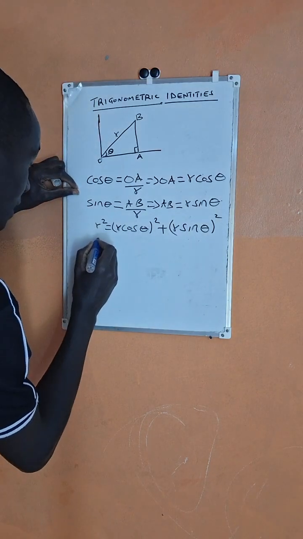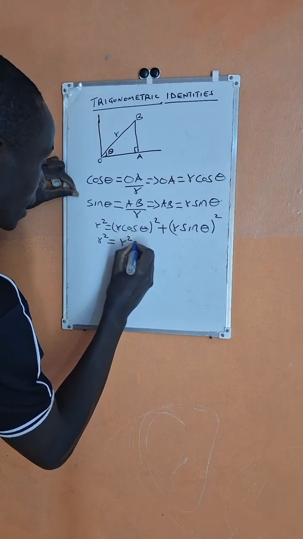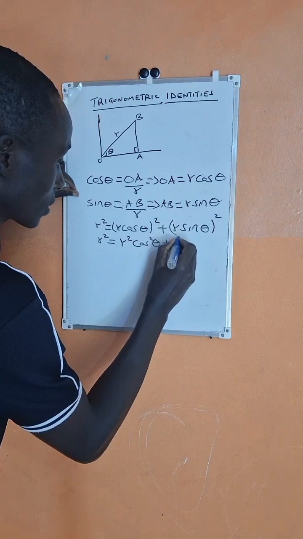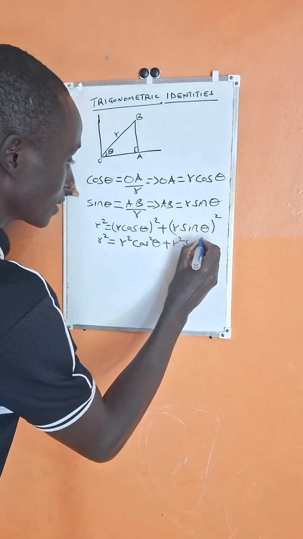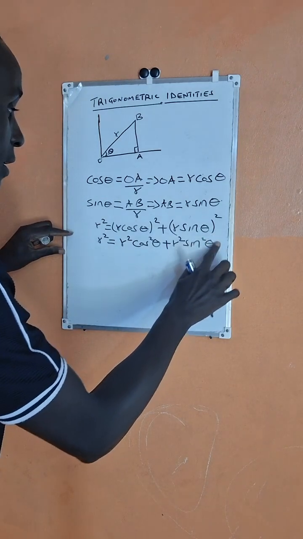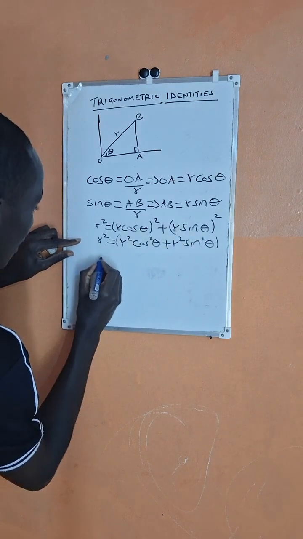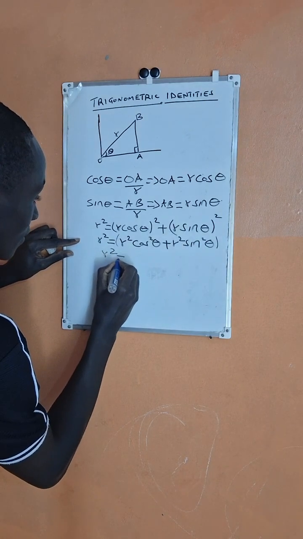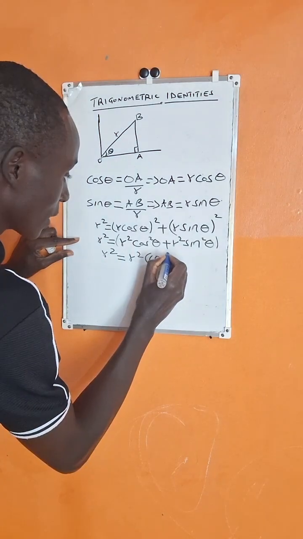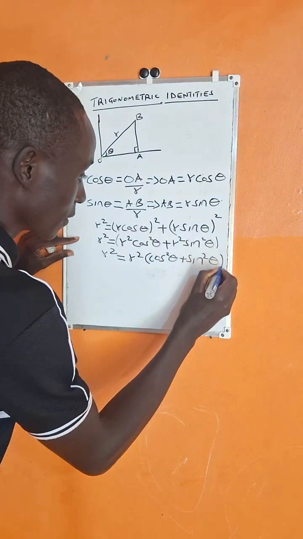Then from this we can say r squared is equivalent to r squared cos squared theta plus r squared sine squared theta. Then from this we can factor r squared outside, so that we have r squared into cos squared theta plus sine squared theta.